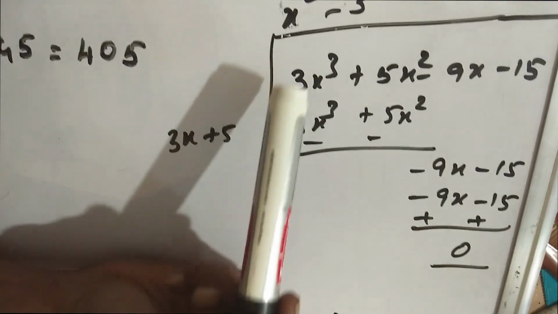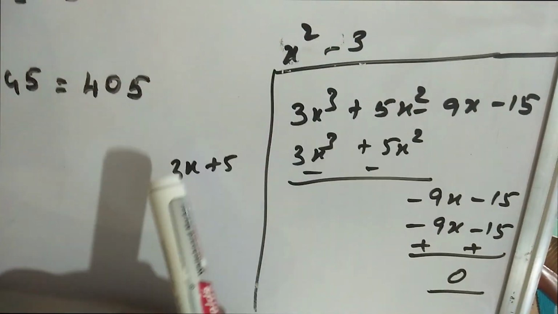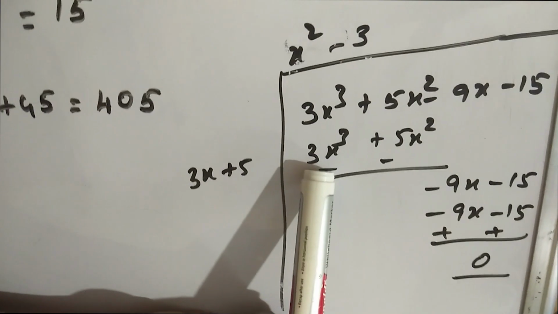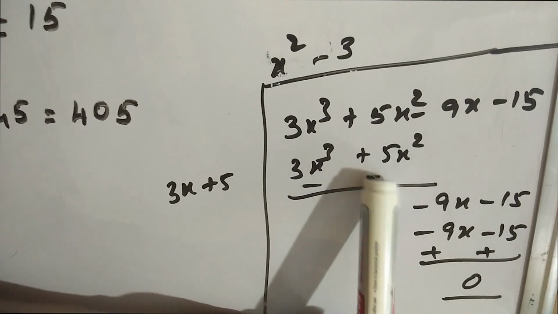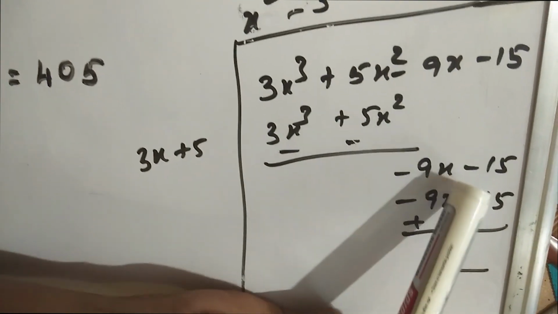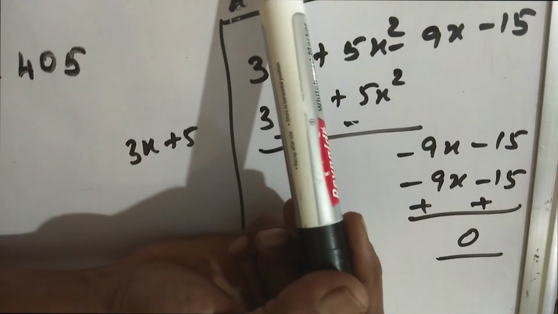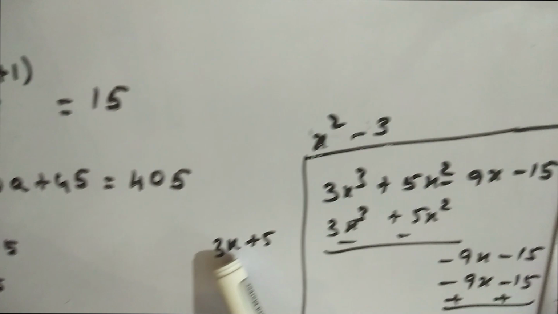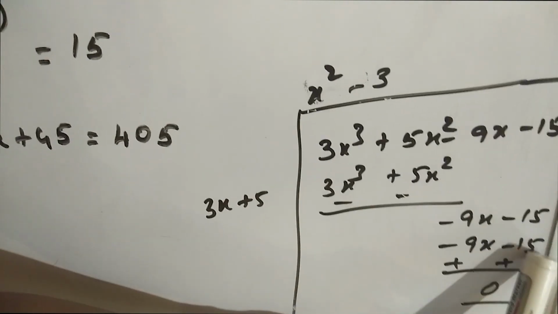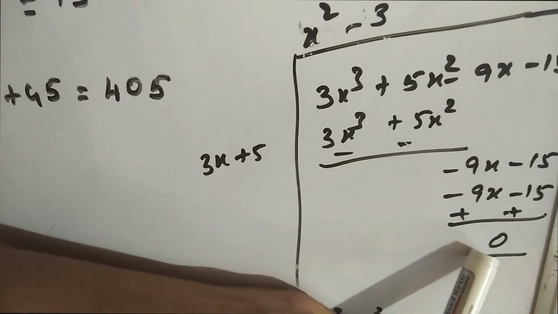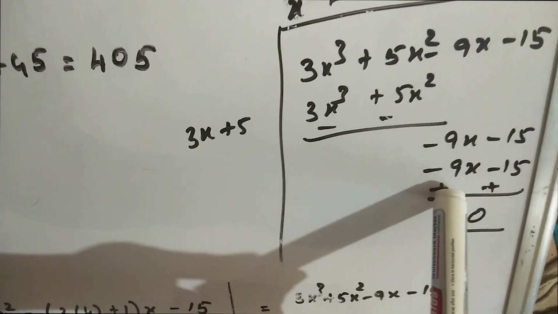First you multiply x squared with 3x plus 5. You will get 3x cube plus 5x squared. Do the subtraction. You will get minus 9x minus 15. So multiply minus 3 with 3x plus 5. You will get minus 9x minus 15. Do the subtraction. The answer becomes 0.